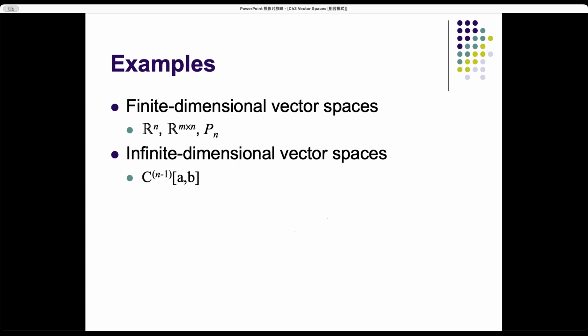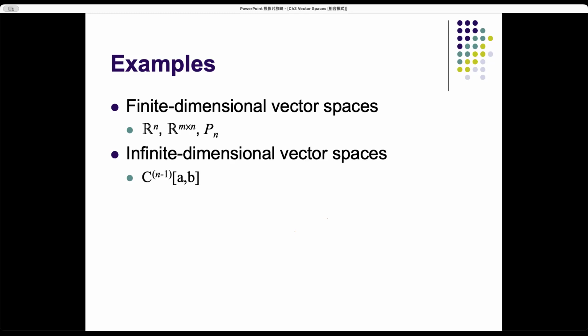Pn means the polynomials, all the polynomials with degree up to n. So for example P3 contains all the possible polynomials a plus bx plus cx squared plus dx cubed.